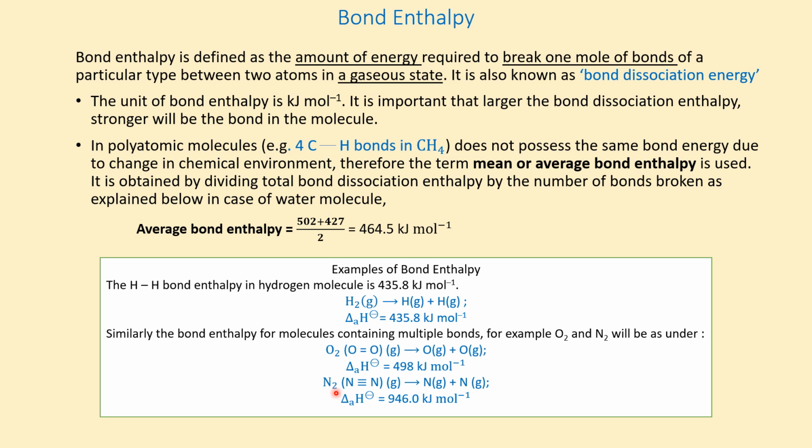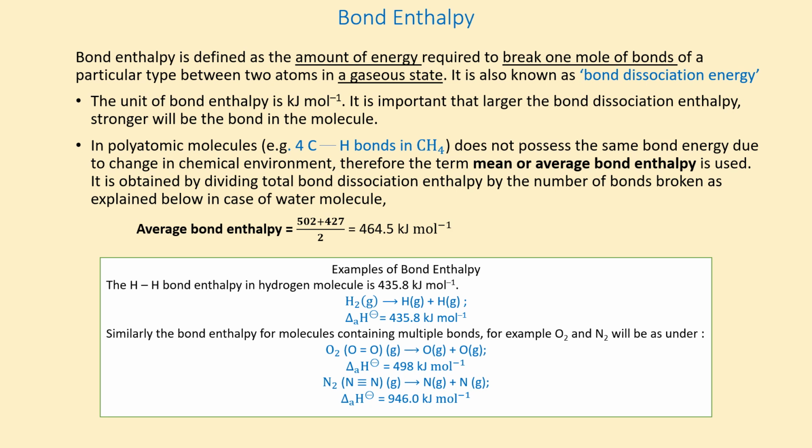And in the case of N2, that is N forming a triple bond with another N atom in gaseous state, it breaks into N(g) plus N(g), and its bond enthalpy is 946.0 kilojoules per mole. It is important that the larger the bond dissociation enthalpy, the stronger will be the bond in a molecule.